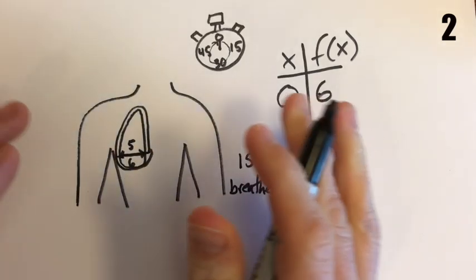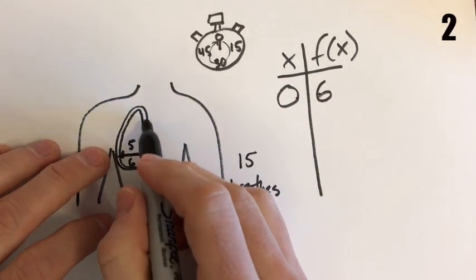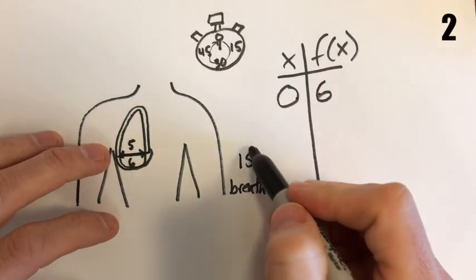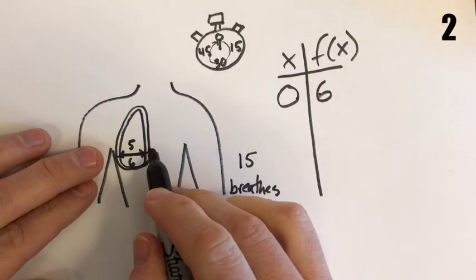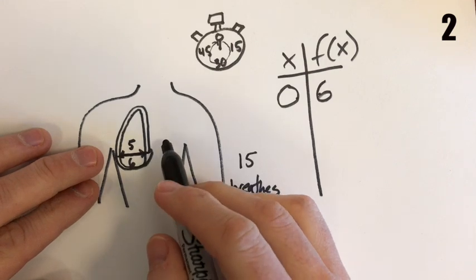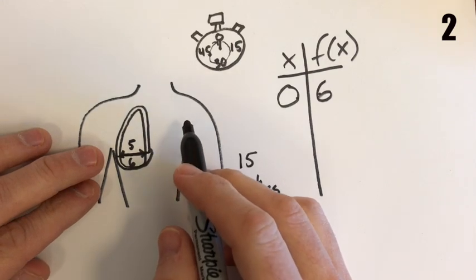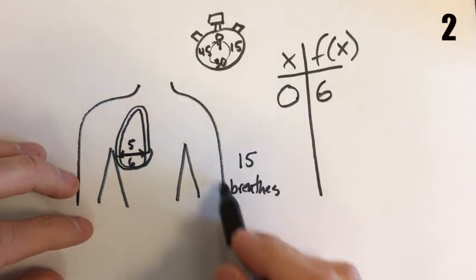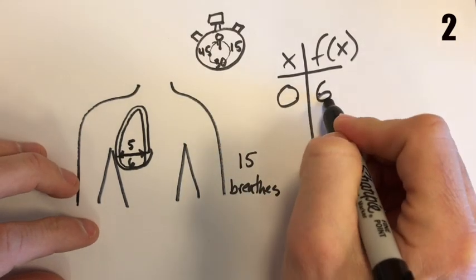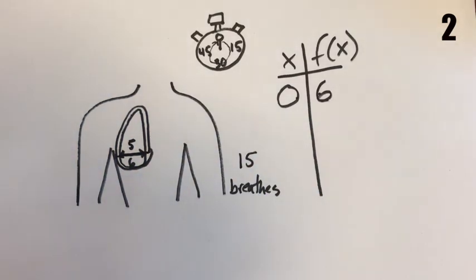This person is taking exactly 15 full breaths. So from 6 is the inhale, and then exhale, inhale again. That's 1 breath, 15 of those. It started out at 6. And that's the information that we have.